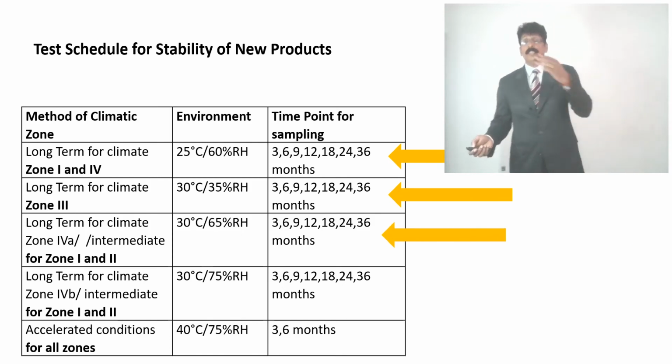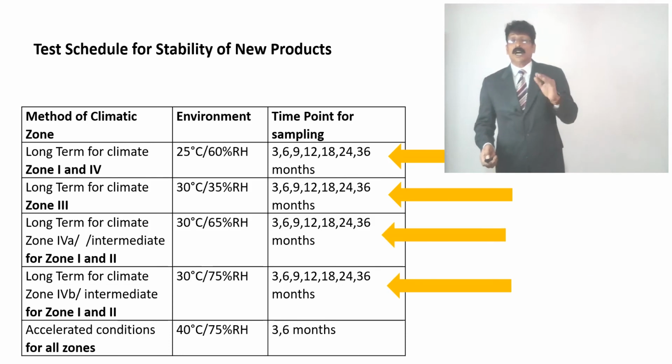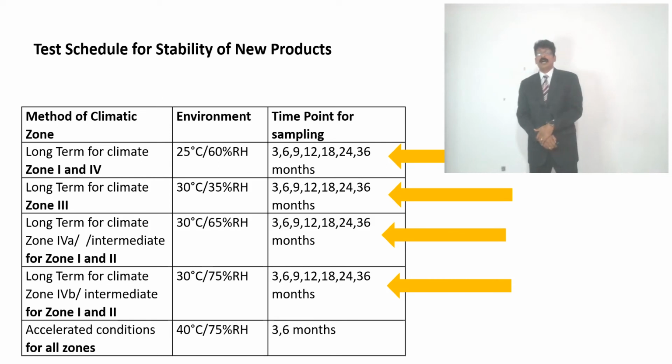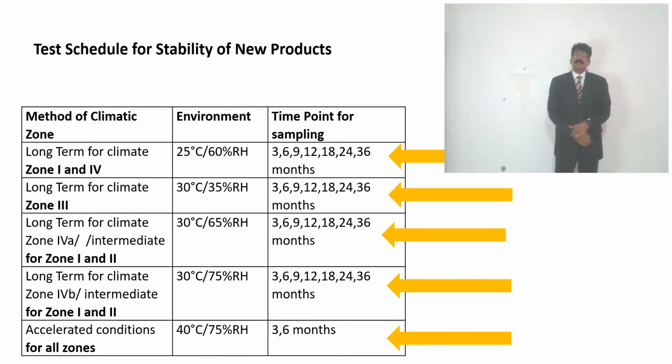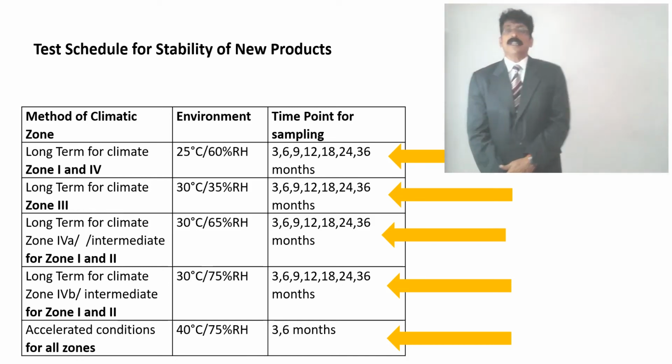Even in the last slide we saw about the zones, how the WHO has given the zones and how to maintain the temperature and humidity in the stability testing for herbal products as well as herbal materials.